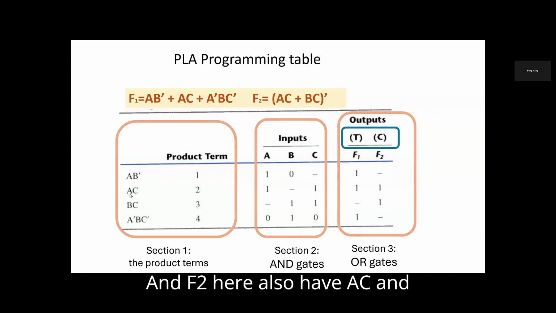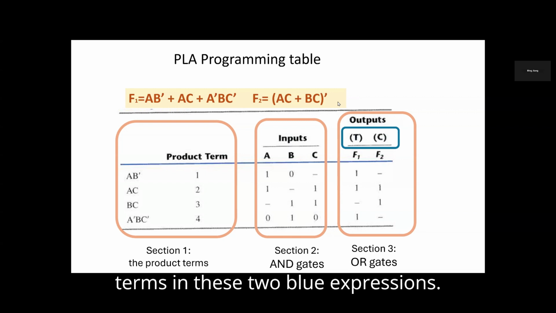And F2 here also has AC and BC. So there are four different product terms in these two Boolean expressions. So the first section is we write all the different product terms and label them one, two, three, four. The order doesn't really matter here.